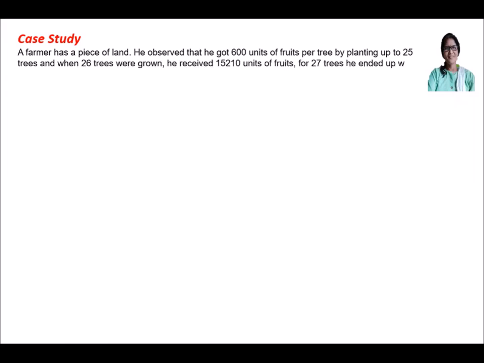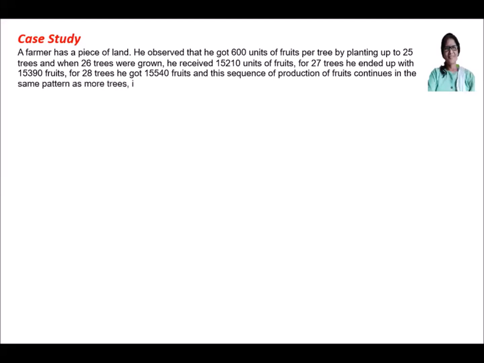For 27 trees, he ended up with 15,390 fruits, and for 28, he got 15,540 fruits. And this sequence of production of fruits continues in the same pattern as more trees in excess of 25 were grown.